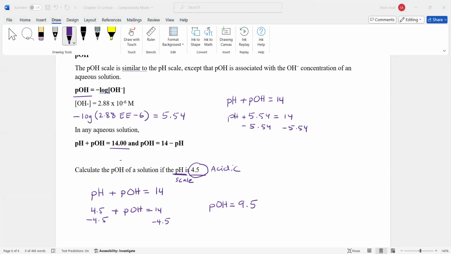So we'll take 14 minus 5.54, and that gives us a pH value of 8.46. So 8.46 is basic.